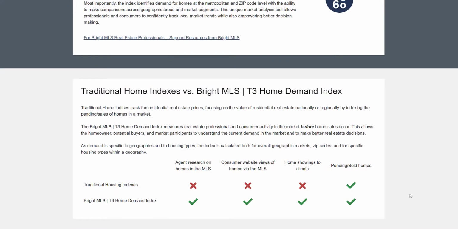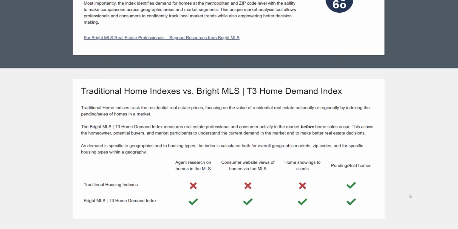Great clarification. So this graph really gives a clear illustration of the differentiations. Traditional reports that you might come across have a focus on a backward view. They're focused on what has already happened in the market, and that's generally months and sometimes even a quarter in the past, because they're using pended and sold information as their focus.